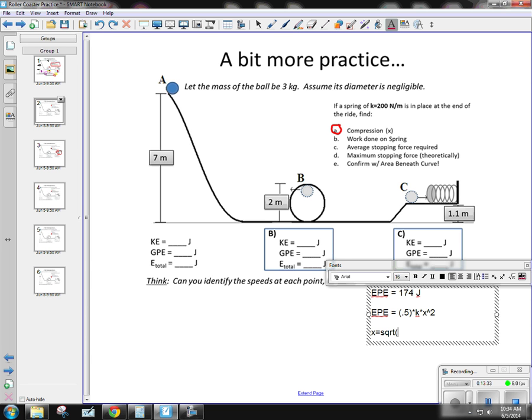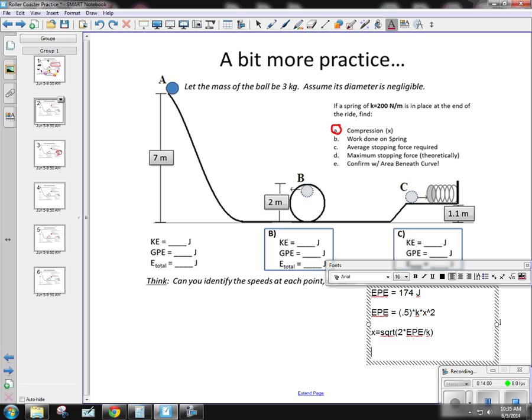but here's what it turns out to be. Just keep this in the margins of your paper somewhere. That extension or compression is the square root of 2 times the elastic potential energy divided by the elastic constant. Very, very similar to speed being the square root of 2 times the kinetic energy over the mass.